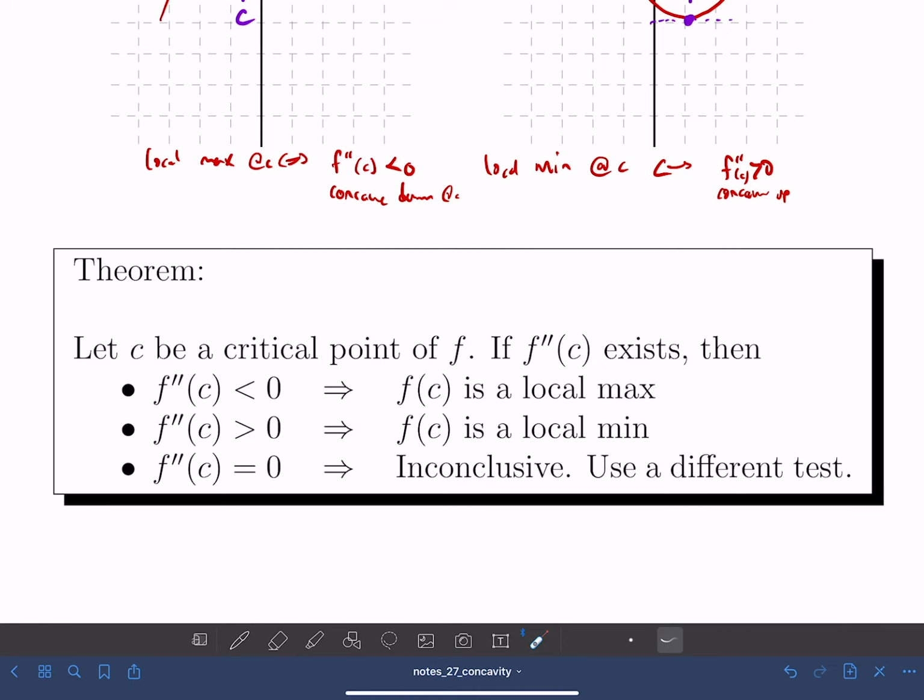If f double prime is greater than 0, then it's concave up, and I've got a local min. If f double prime of C equals 0, or f double prime does not exist, then I've got an inconclusive test and we should use a different test. That is to say, we should probably turn to the first derivative test for classification. There are pros and cons of using each of them.